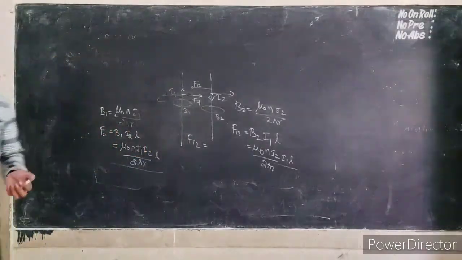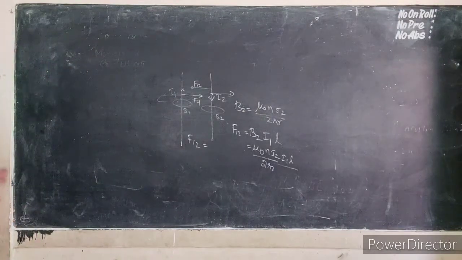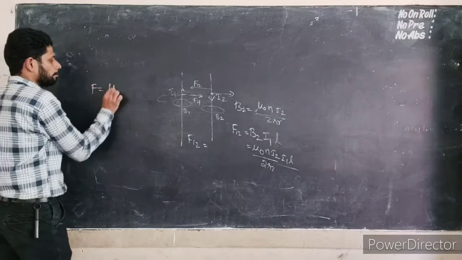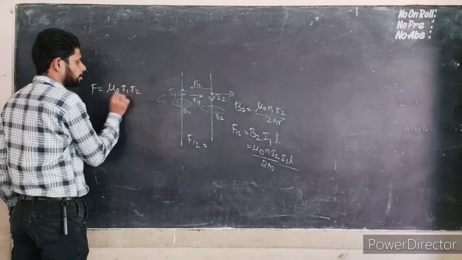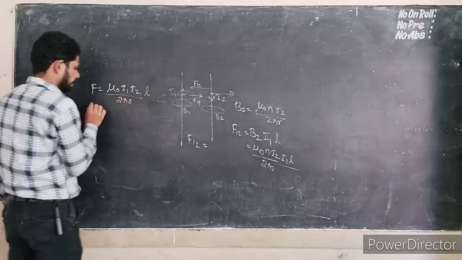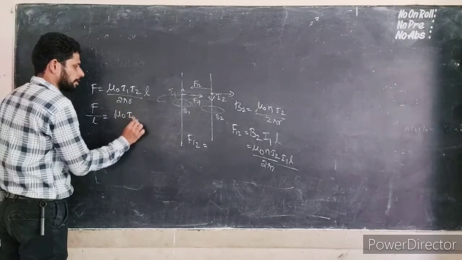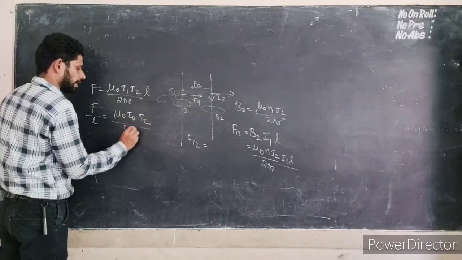Okay. So from here we can deduce that the force between two parallel current carrying conductors is F equal to mu naught I1 I2 by 2 pi r into L. The force per unit length is mu naught I1 I2 by 2 pi r.